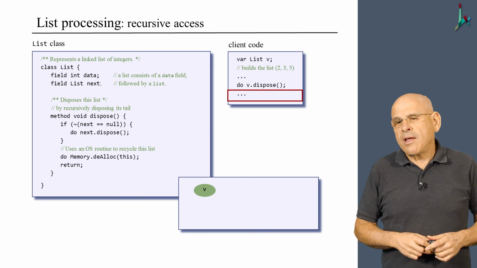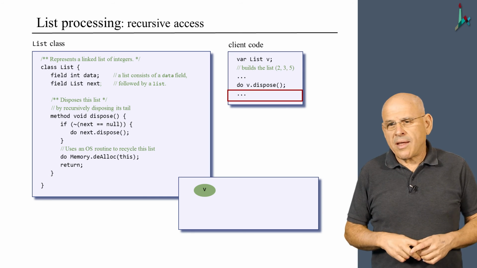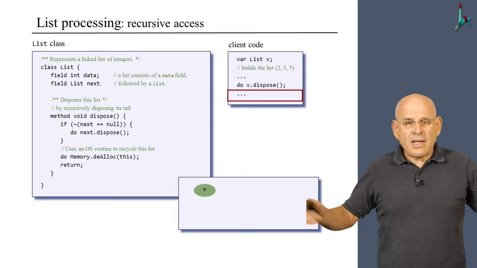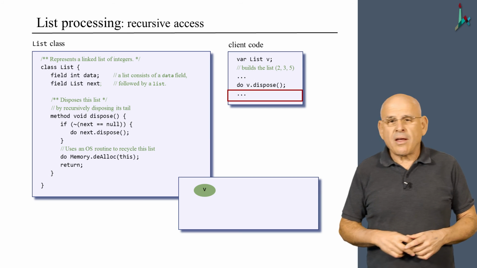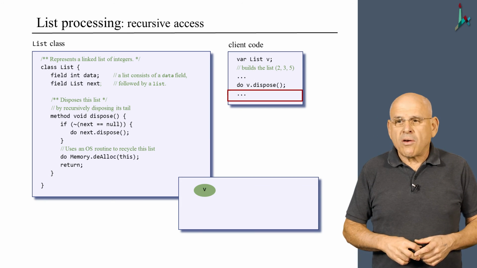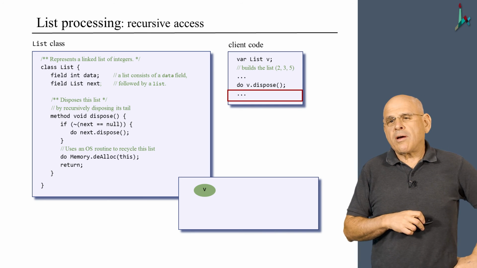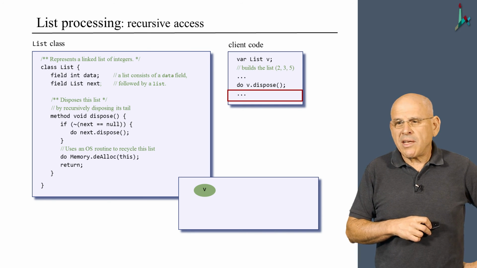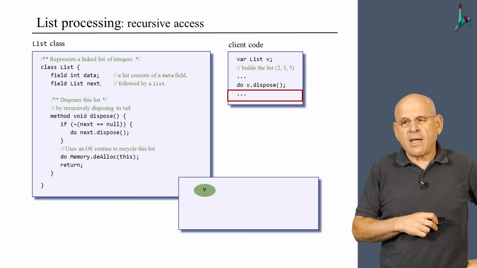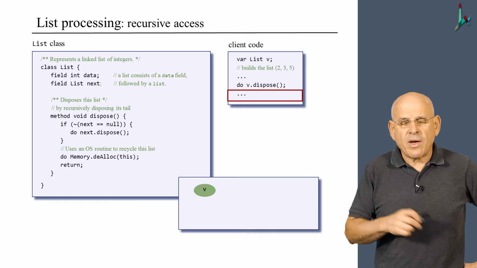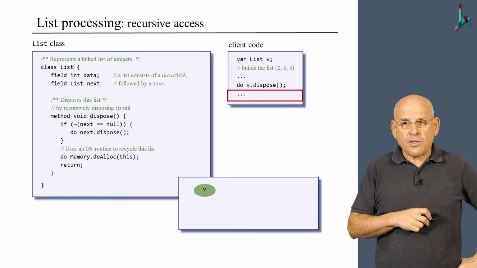And if you had tried to do that with a big list, you may have gotten Stack Overflow. So there are better ways to dispose, not better, but more practical ways to dispose a list. But this one, once again, illustrates a nice way to do it using recursion.